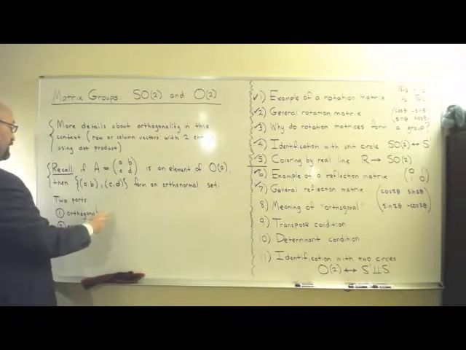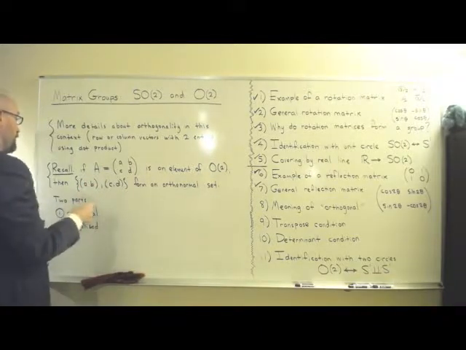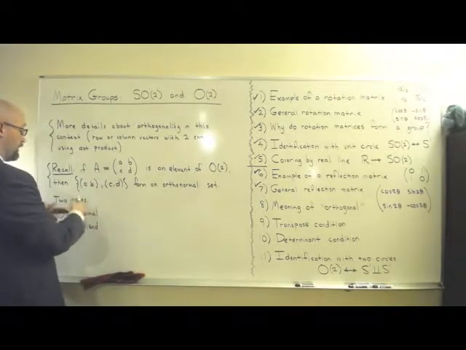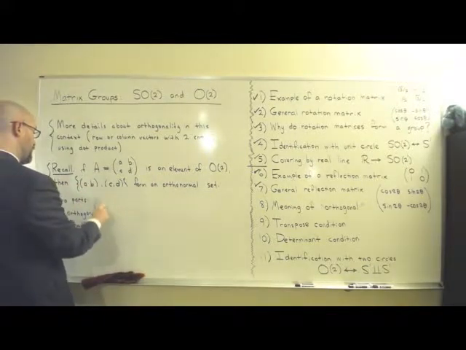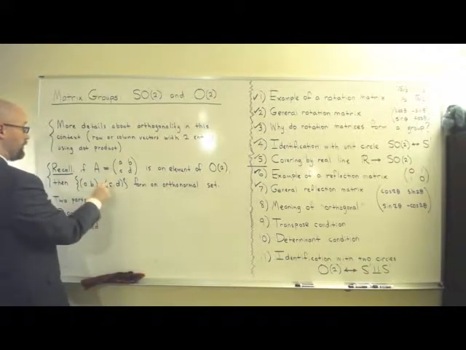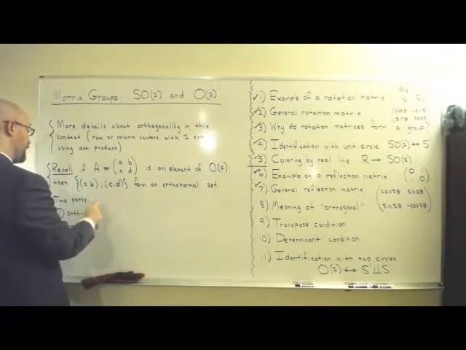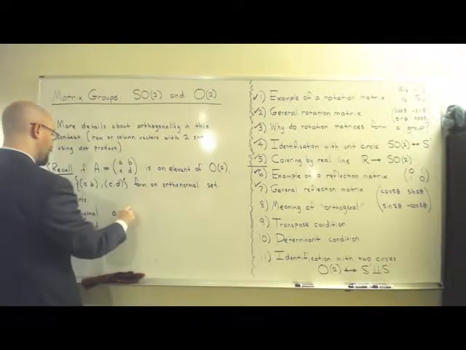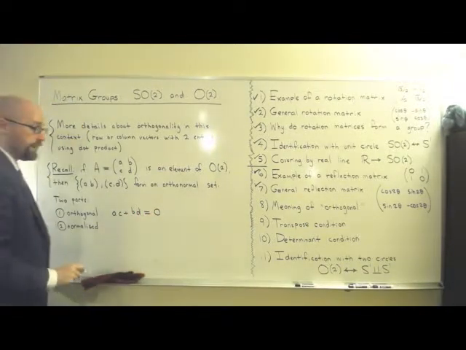Since we have A, B and C, D, the fact that these two vectors are orthogonal to each other would mean that it's just the first component here times the first component here plus the second component times the second component. And so all this is saying is that AC plus BD equals 0. That's all it means.